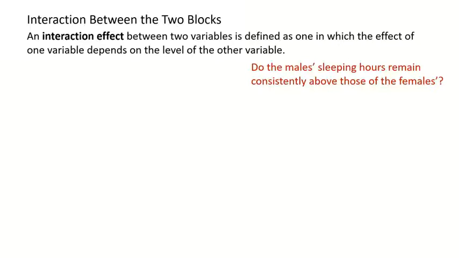And why is that important? Because if there is an interaction between the 2 blocks, the male and the female block, then whatever result we get from Excel later on might not be 100% reliable because we have to account first for the interaction happening between our blocks.